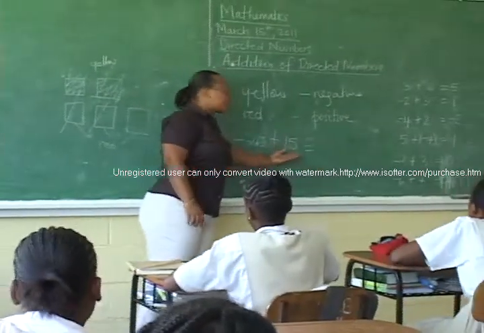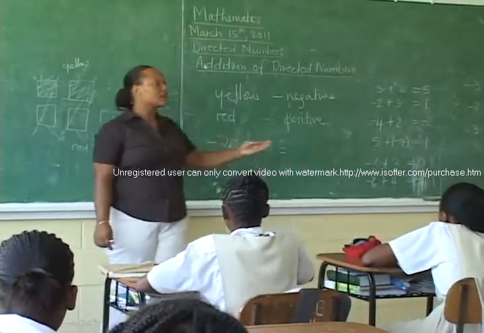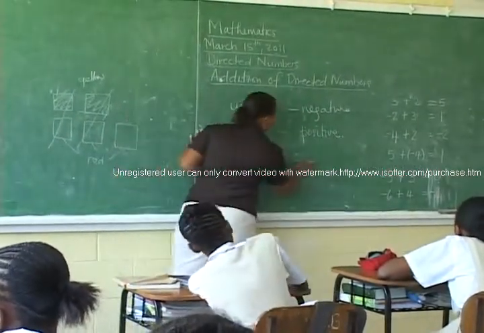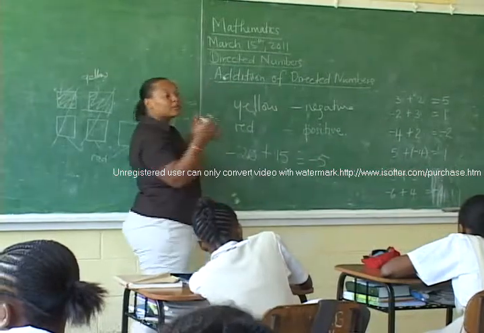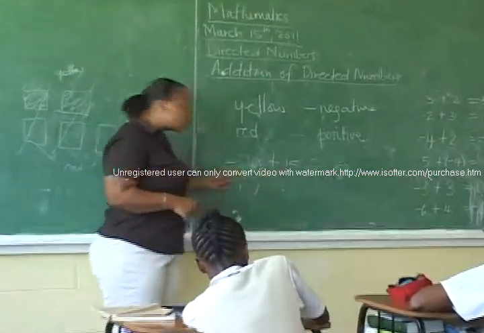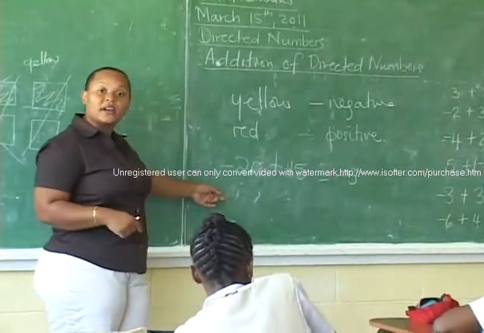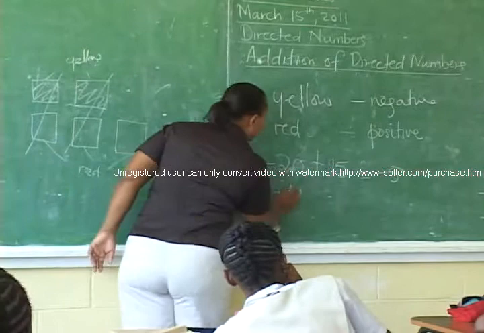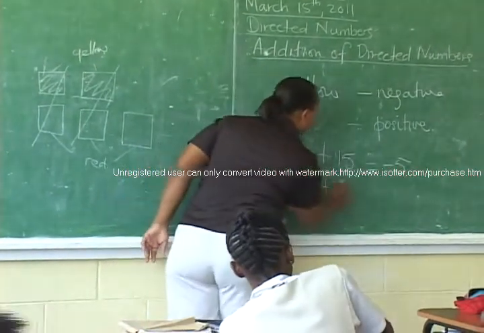When we have a case like this, what do we do? The answer is going to be negative 5. What did we do? We subtract and keep the sign of the negative because the 20 would be a higher number. Yes?